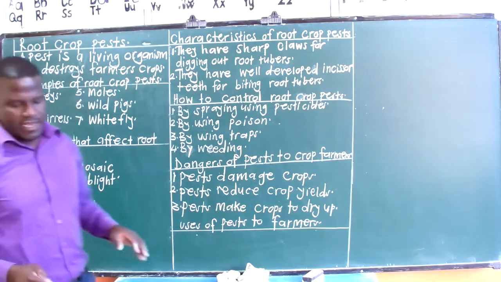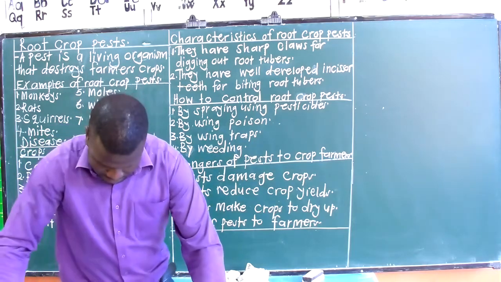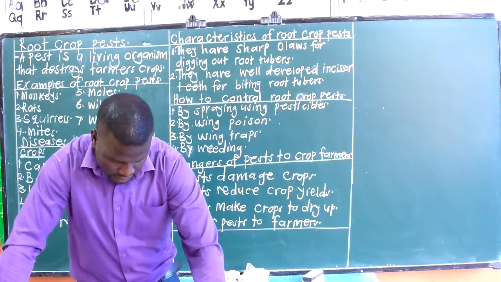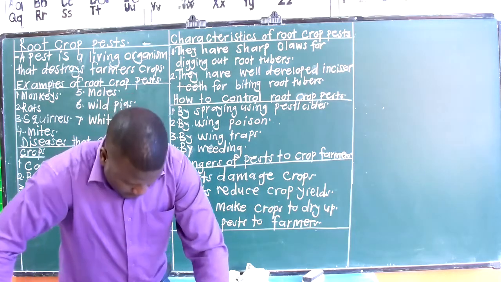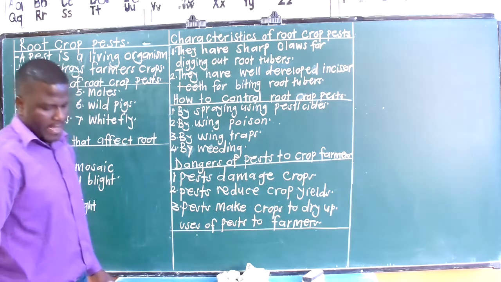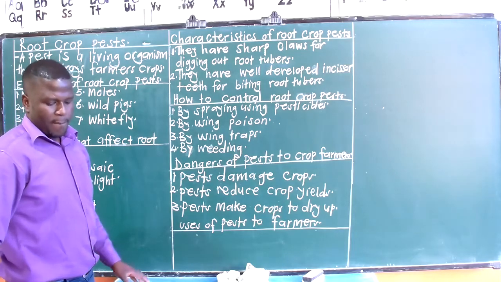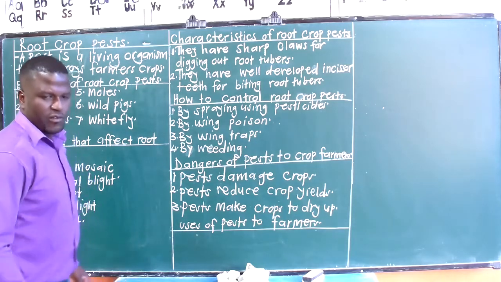We've looked at how they are dangerous. How can these pests be good? Some pests are a source of food, like grasshoppers, locusts. Then some are eaten by farmers' poultry. So some pests are a source of food.